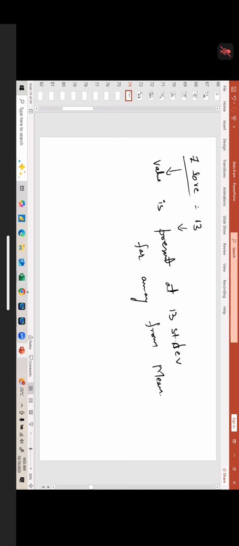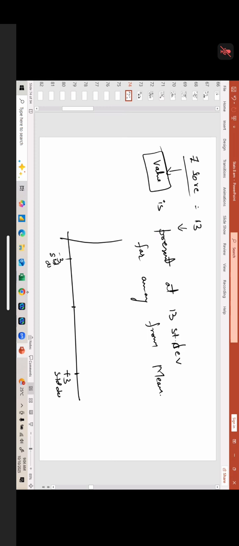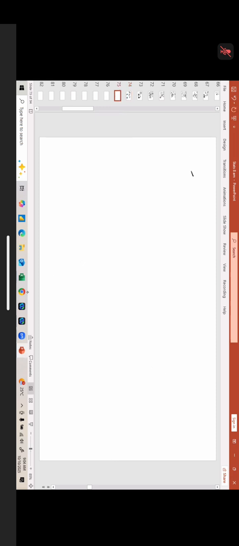Meaning that the value we have taken is an outlier. Why? Because any value that is present beyond minus 3 and plus 3 standard deviations from the mean value is an outlier.